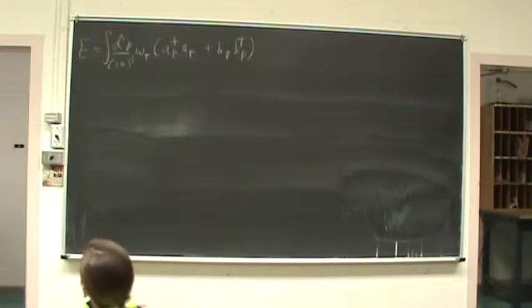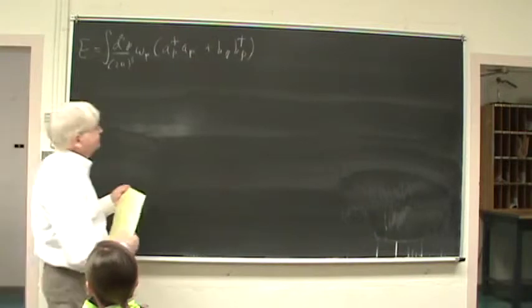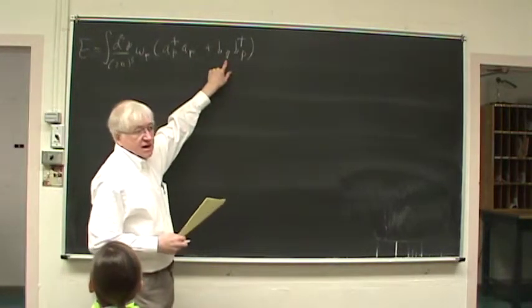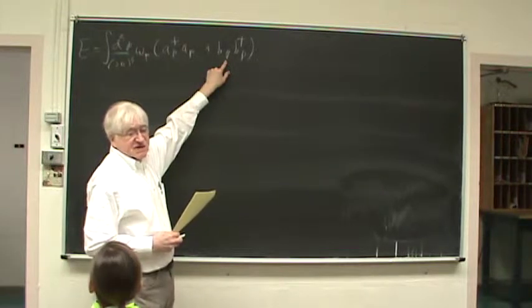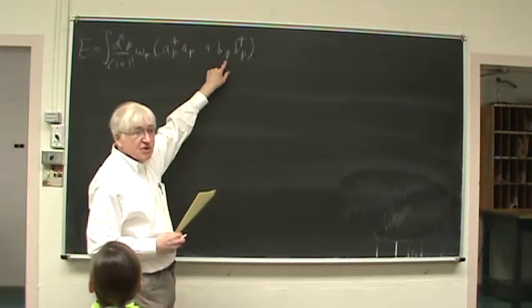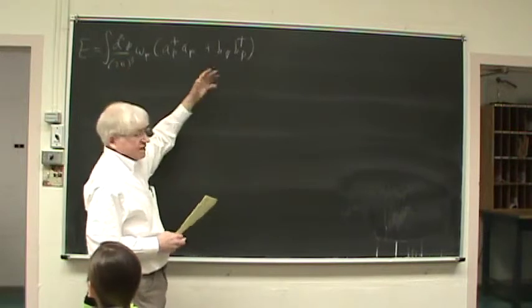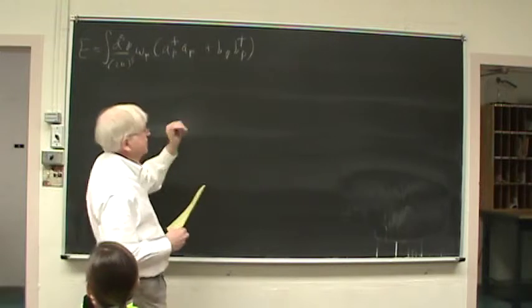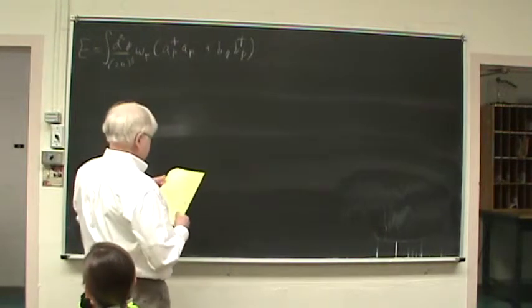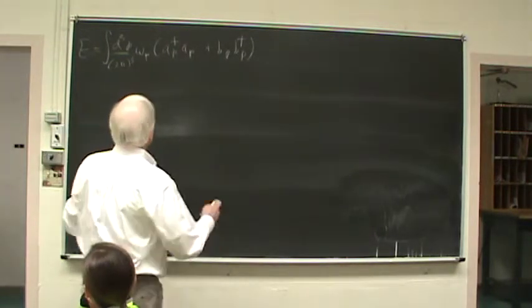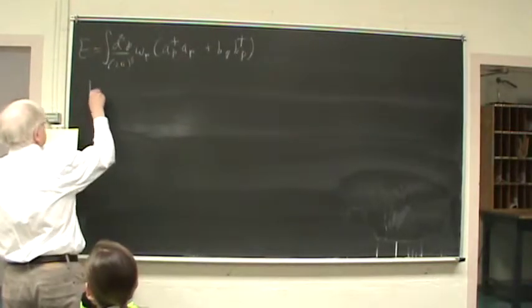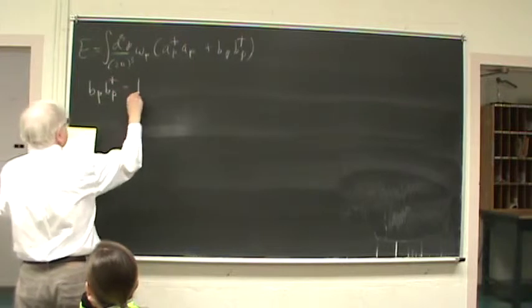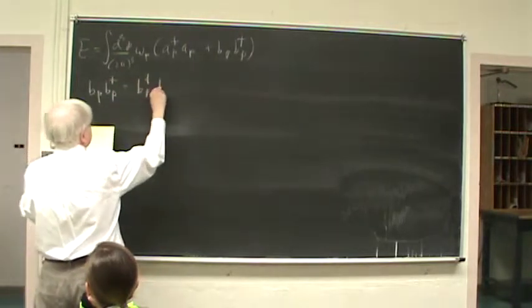Now, we sort of have two choices. We can say, well, this is a spin zero field, so the operators should commute. Well, satisfy commutation relations. And in fact, if we apply the normal commutation relations, it would be bp bp dagger equal to bp dagger bp.